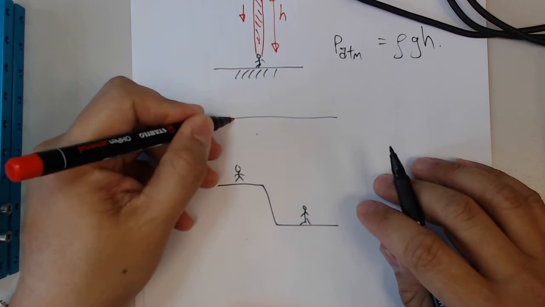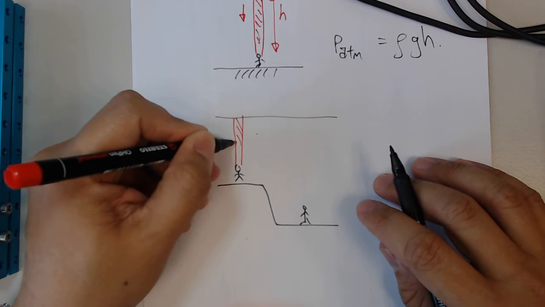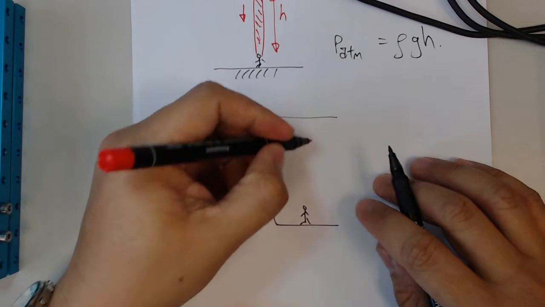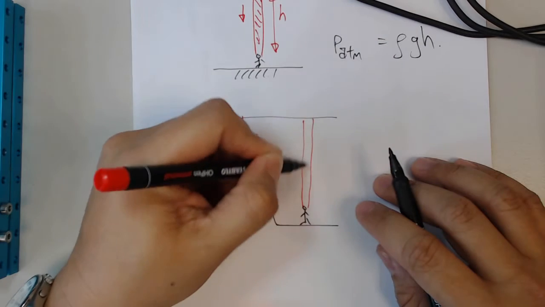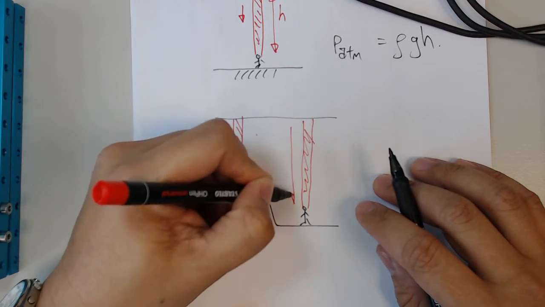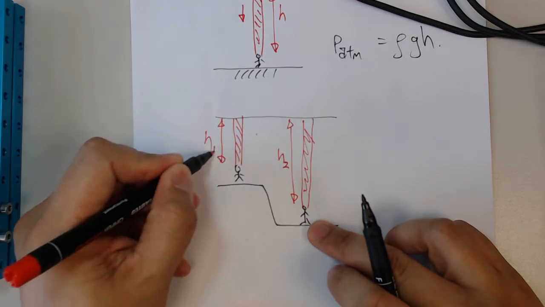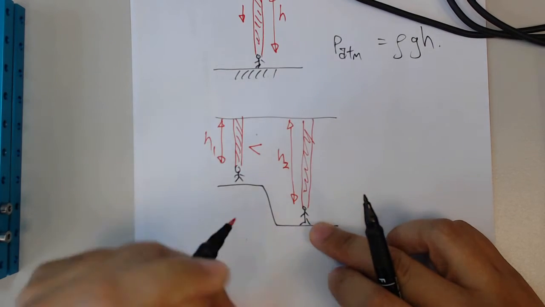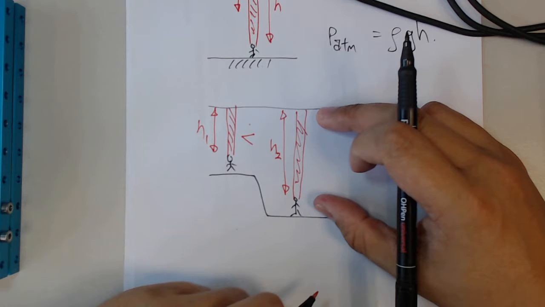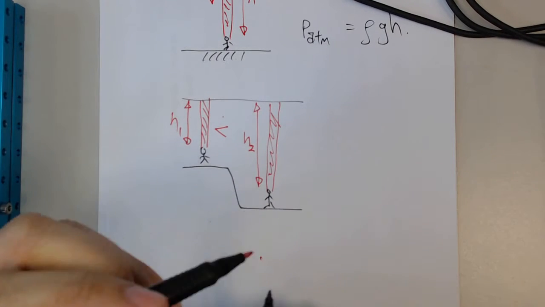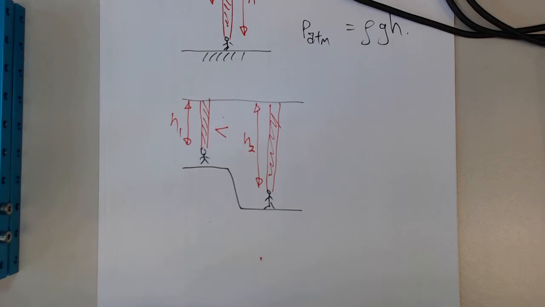The person at the higher elevation has a shorter column of air weighing down on him compared to the other person at a lower elevation, who definitely has higher atmospheric pressure. So today we'll briefly talk about atmospheric pressure.